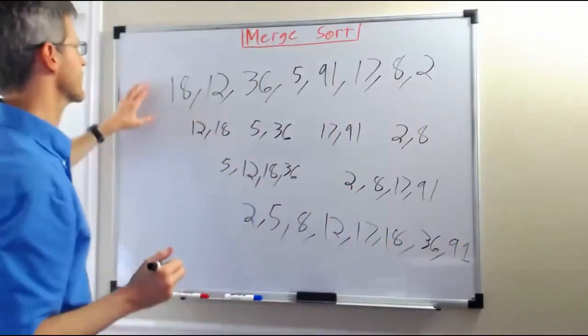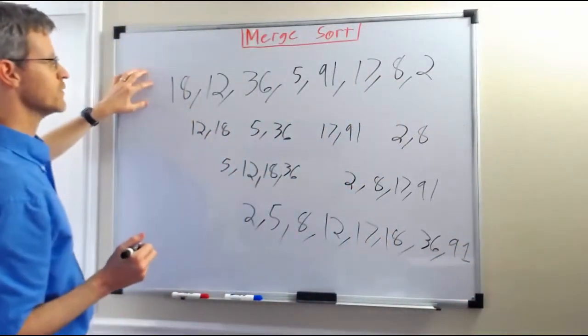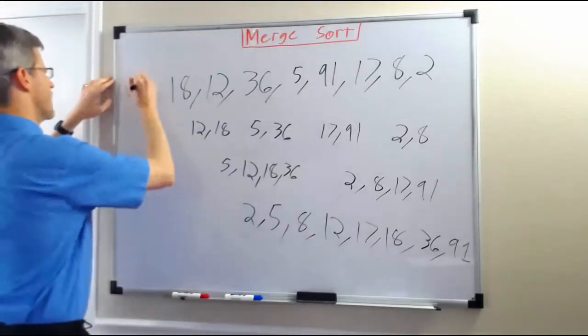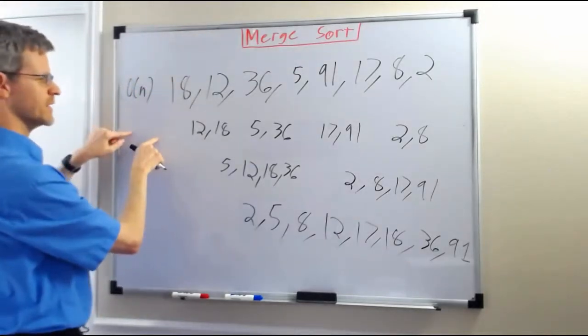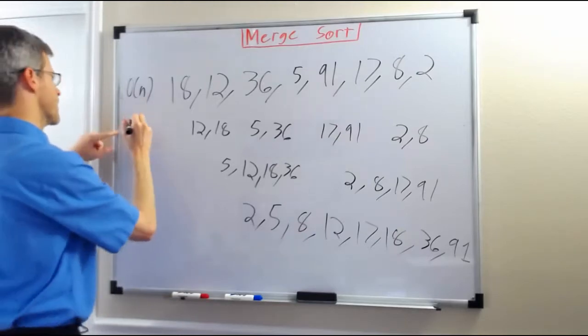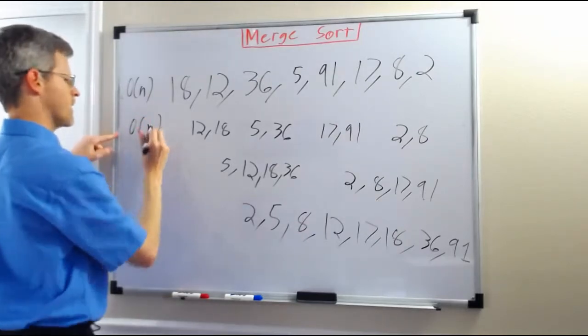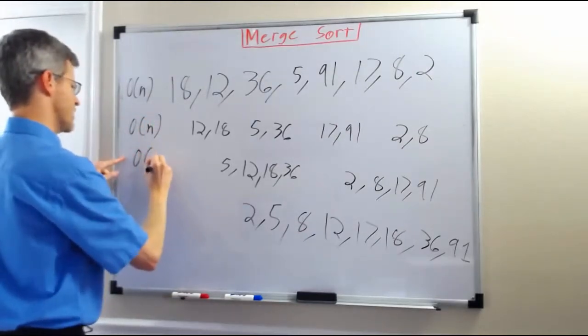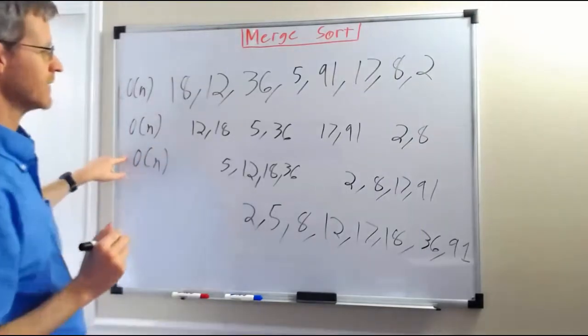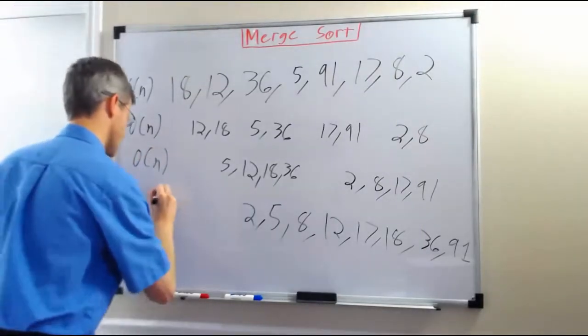And this involves looking at every element here once. So this was O of n. We looked at every element here, every element here, and every element here.